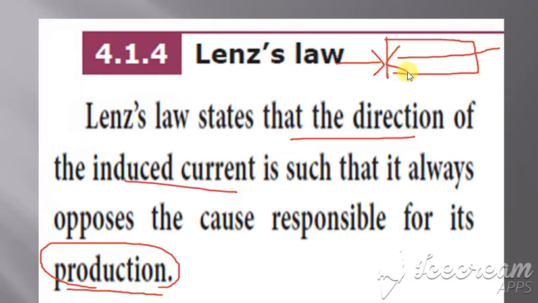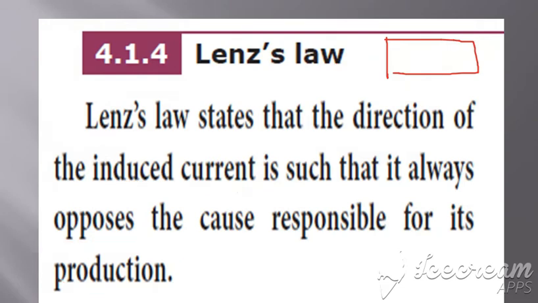So the direction of induced current always opposes the cause responsible for its production. Clear? So this is a very important one, Lenz's law. It states that the direction of induced current is such that it always opposes the cause responsible for its production.